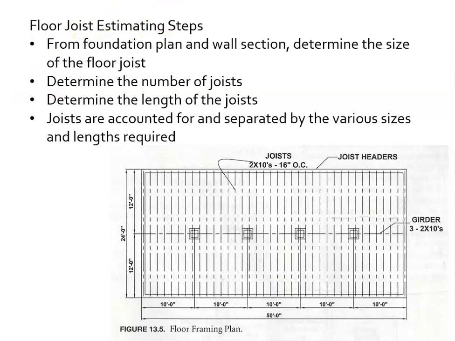Joist length, so 12-foot lengths. That's 78 12-footers. And yes, you would break them out by various sizes. This is obviously just a simple rectangle, so there's nothing more to it there.